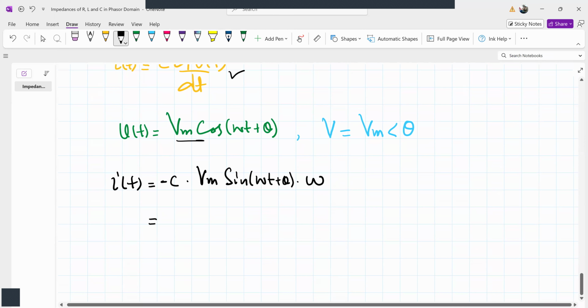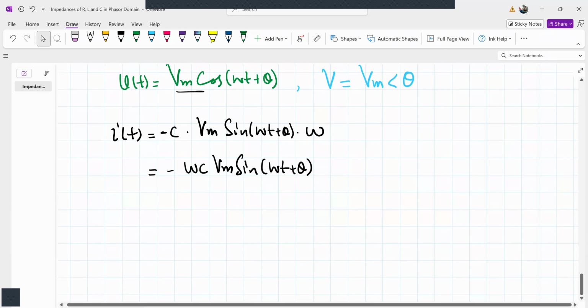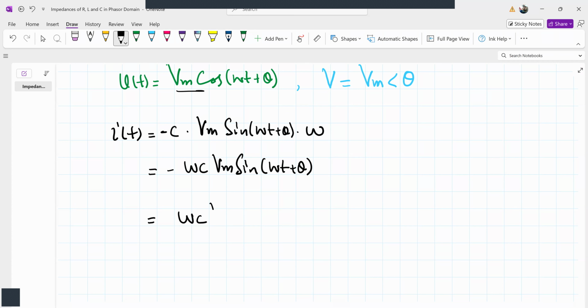Now we can write this as minus omega C Vm sine(omega t plus theta). Now, if we use trigonometric formulas, we can write it as omega C Vm cosine of (omega t plus theta plus 90 degrees).